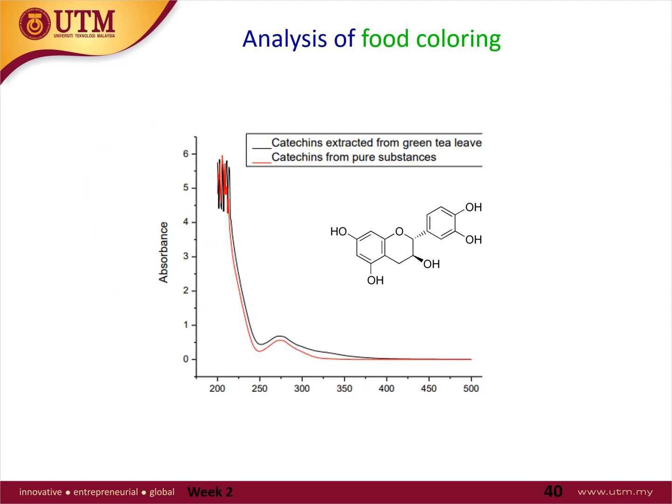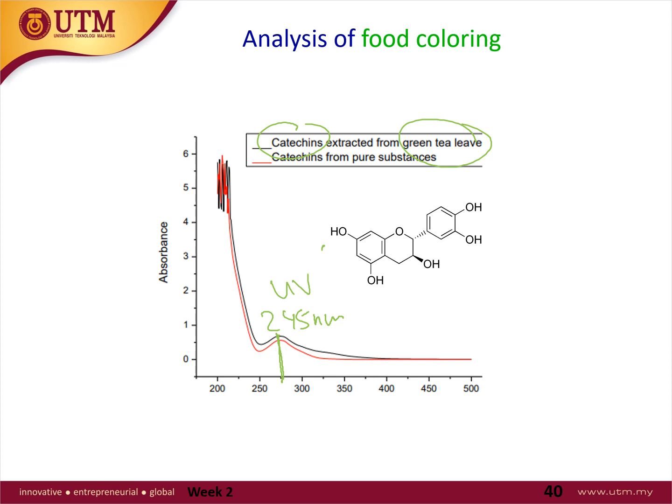Okay. And then we have catechins. Catechins extracted from the green tea leaf. It has a lambda max around 245 nanometer, still in the UV range.